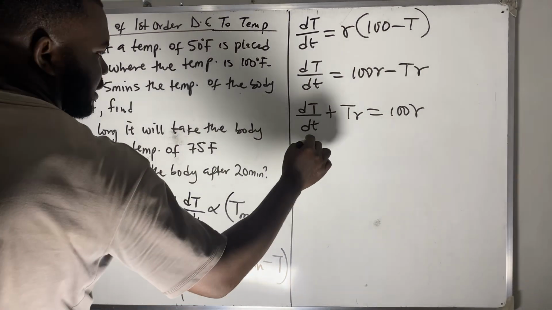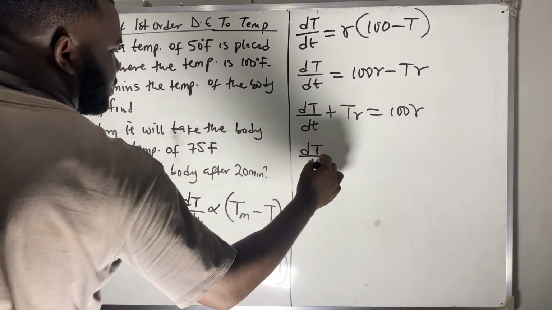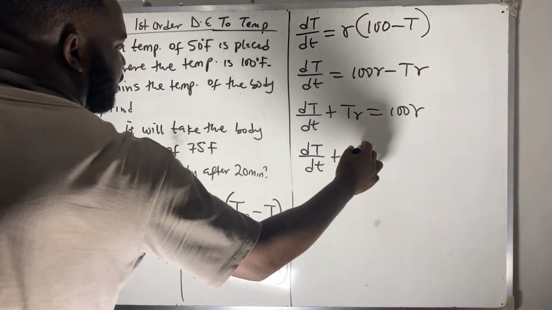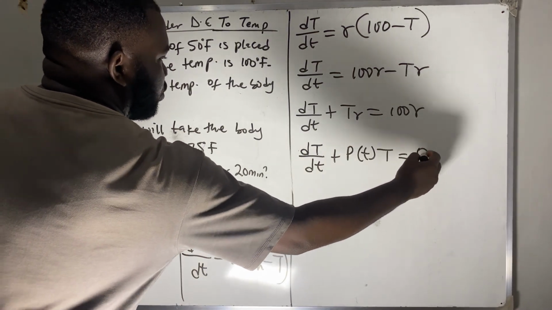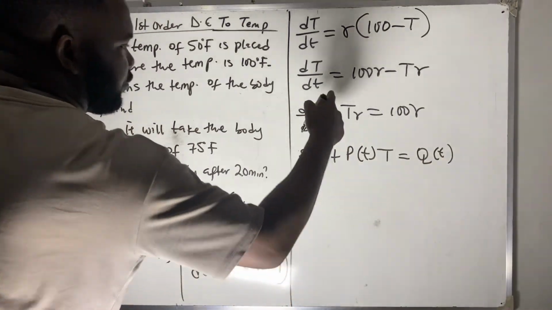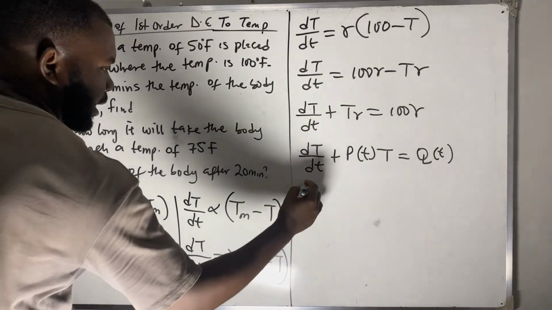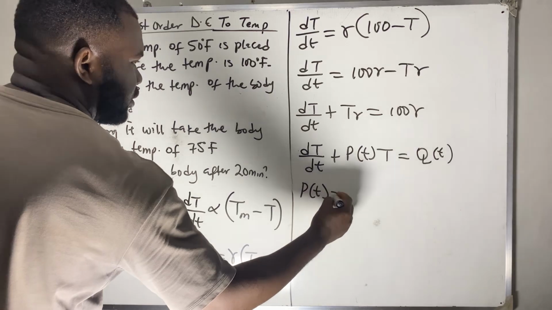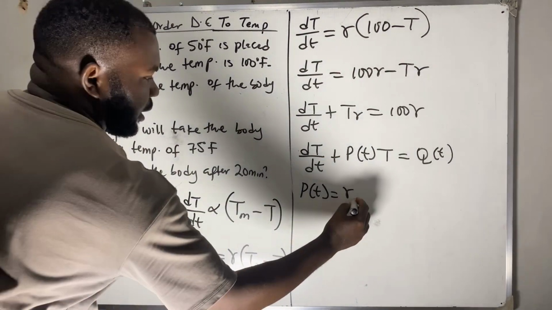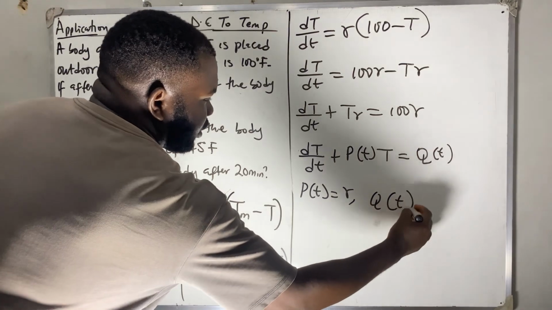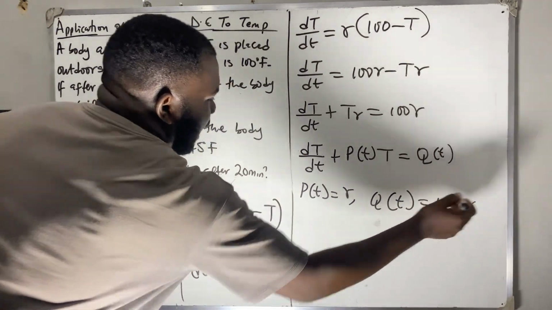We say that dT over dt plus P of t times T is equal to Q of t. If you compare these two equations, you will see that our P of t is just r, the coefficient of T, and our Q of t is equal to 100r.